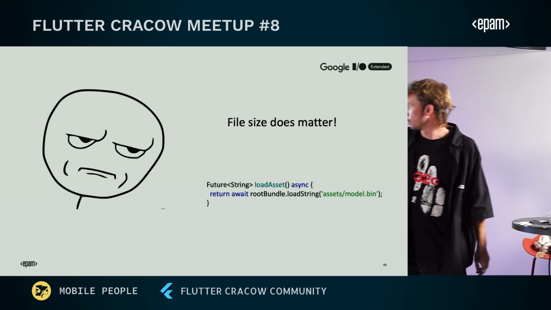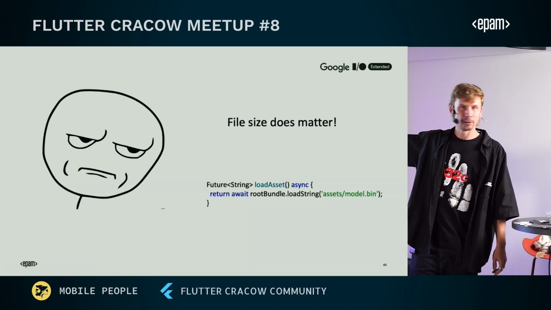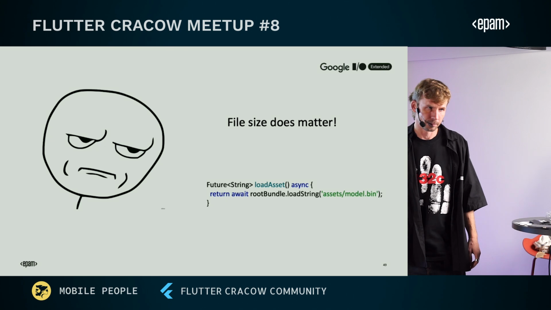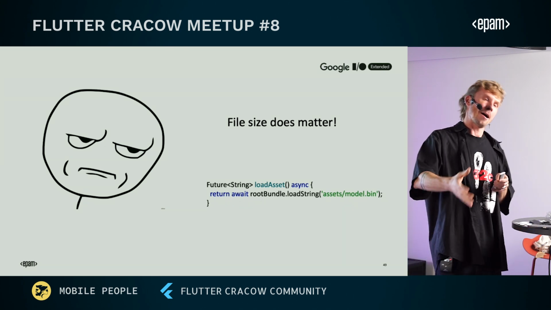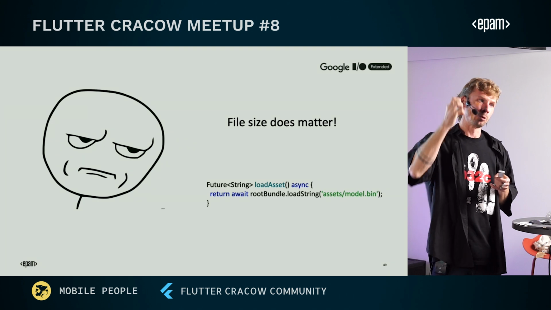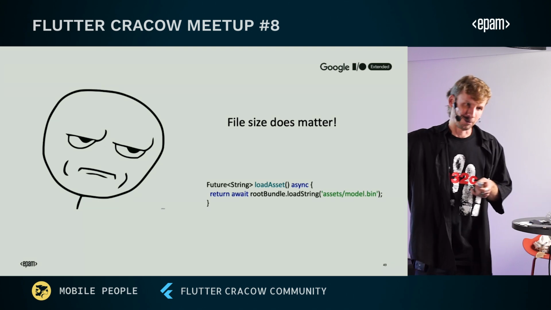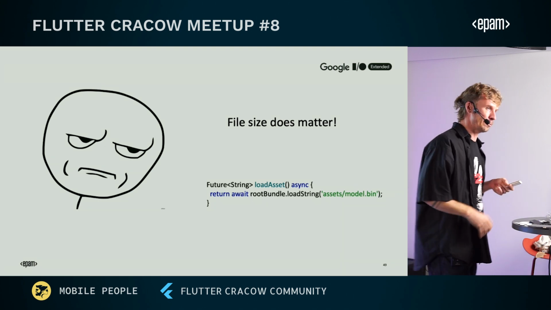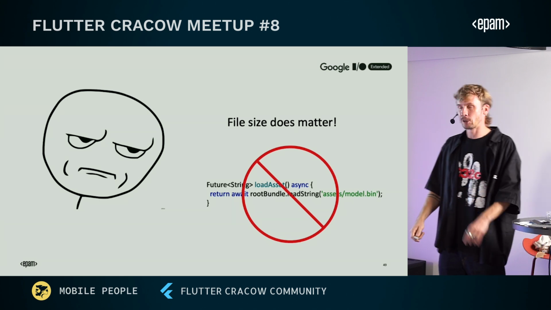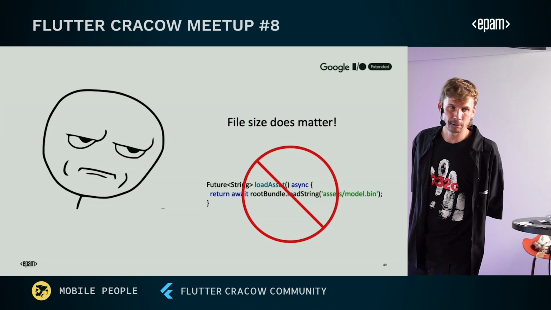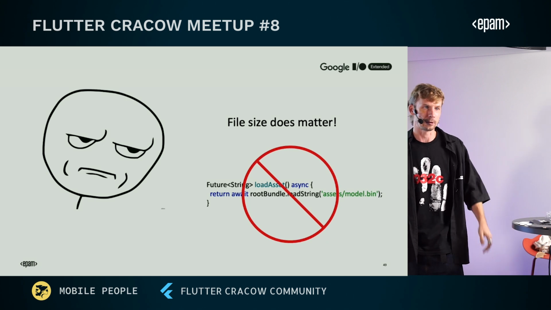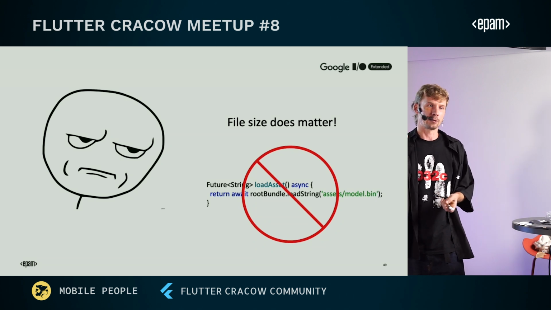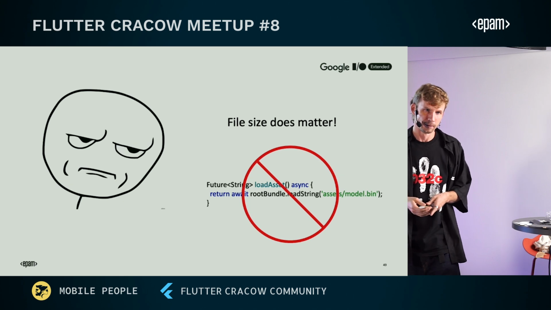If you use rootBundle load from your assets, Flutter takes everything, puts it in memory, and then puts it back to the file system. With a size like the Gemma model, it's impossible. Your application just breaks, because the model is too big to put in the memory of the device.